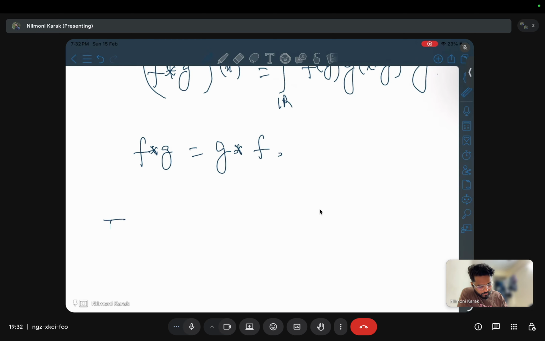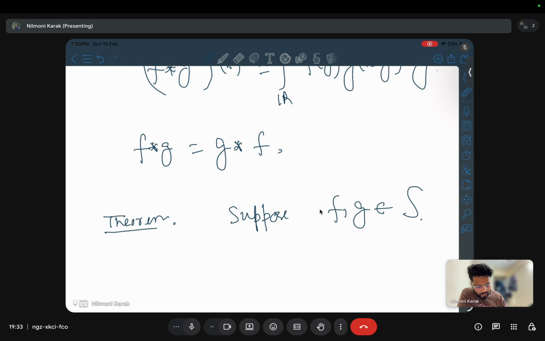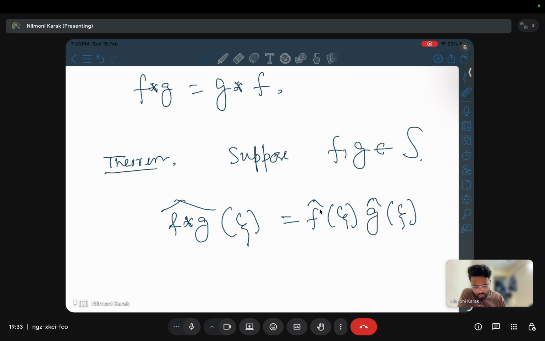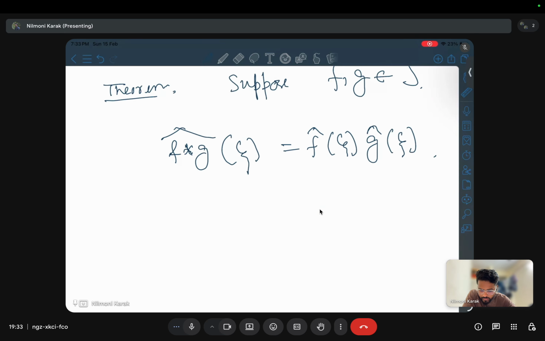Suppose f and g are in S. Then f star g is defined, and the Fourier transform of f star g at xi equals f hat(xi) times g hat(xi).